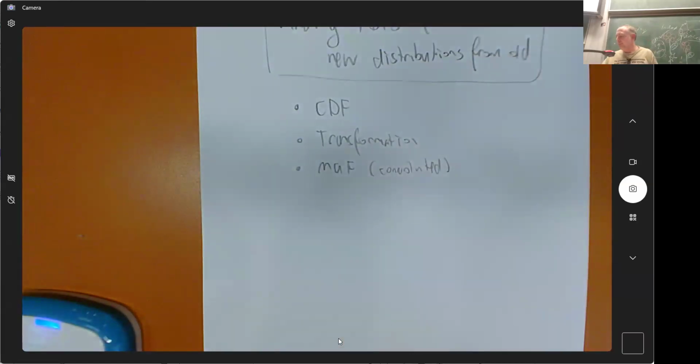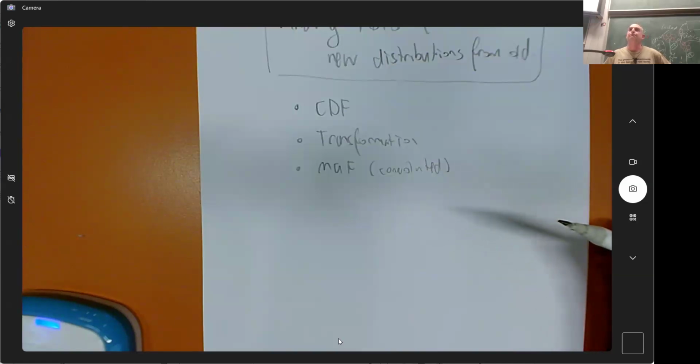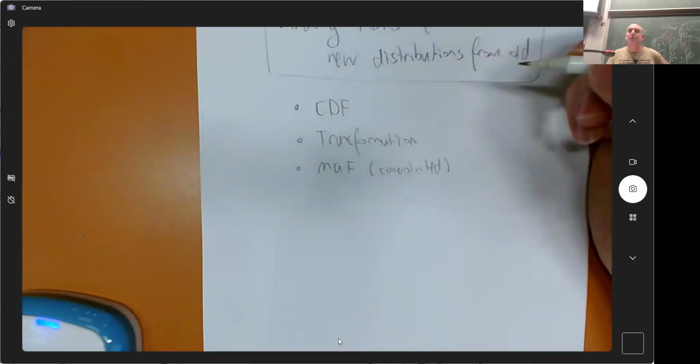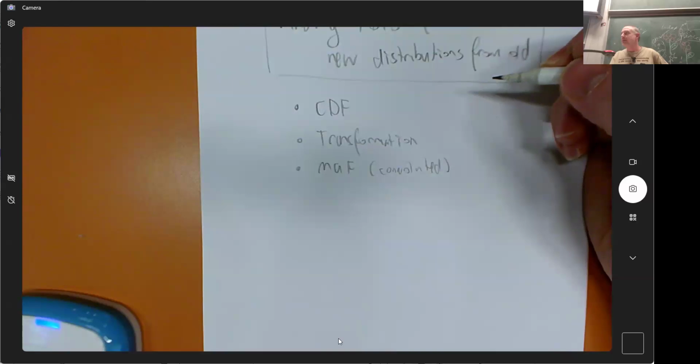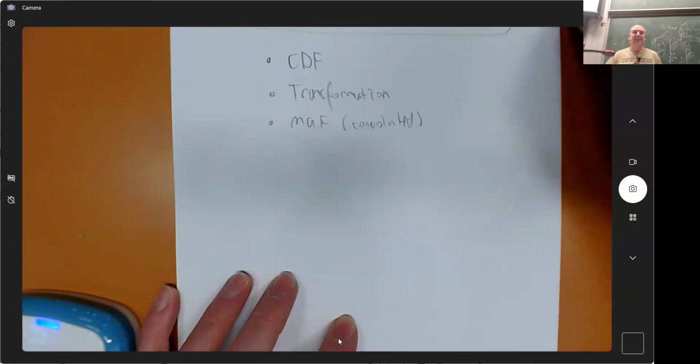I will say something: the transformation method is the CDF method. It's a shortcut version of the CDF method. The reason it works is because of the CDF method.